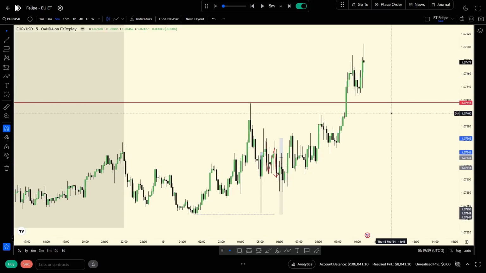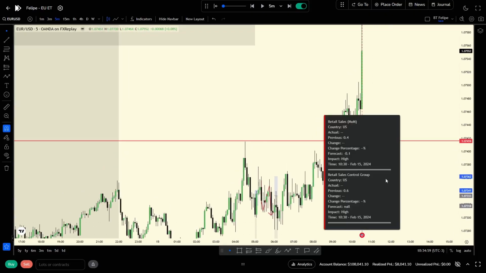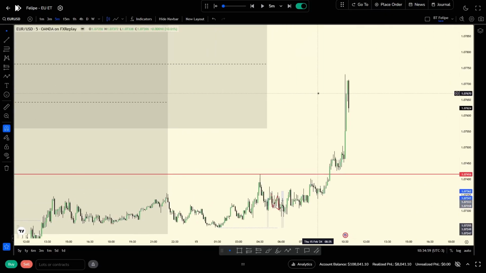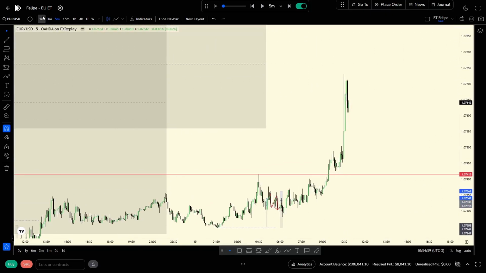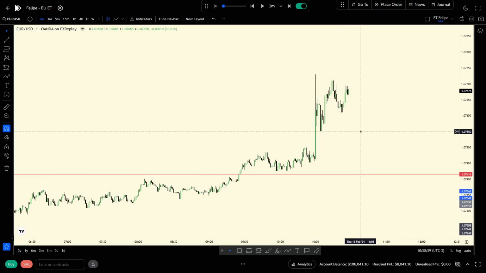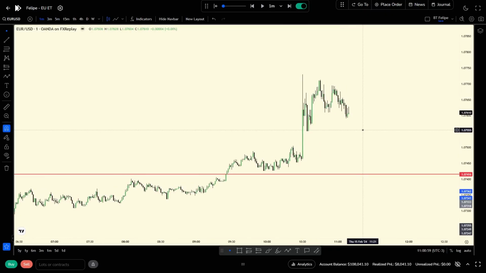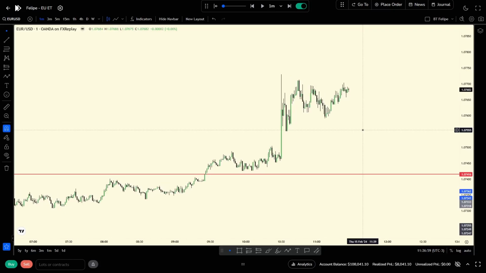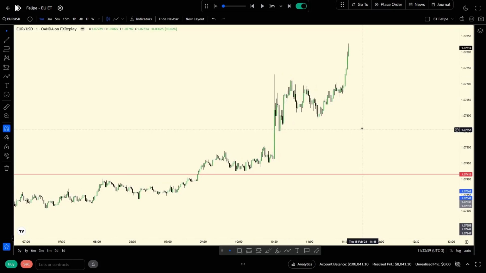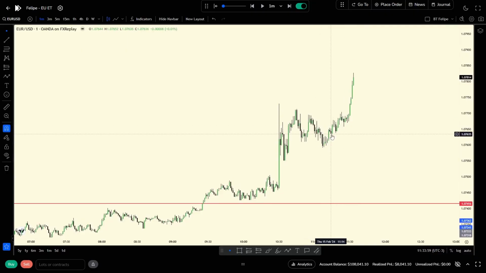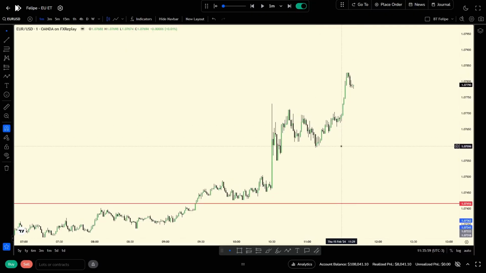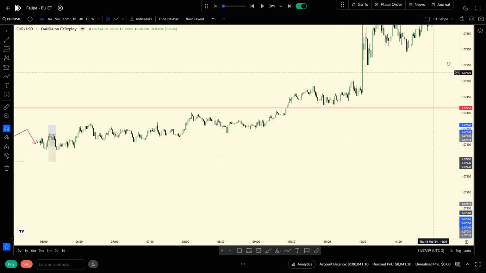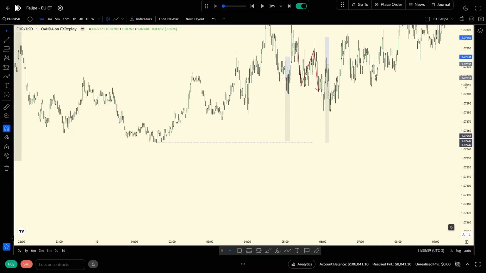I'll wait for the news. Oh, then look at this candle. This day is probably over. Yeah, no longs here. Yeah, this day is over.